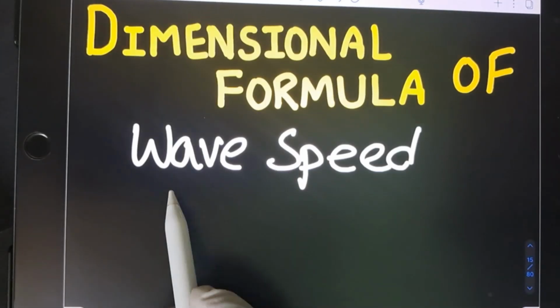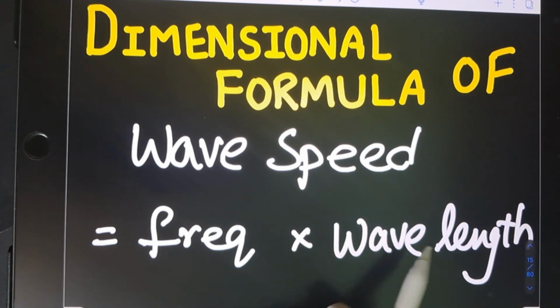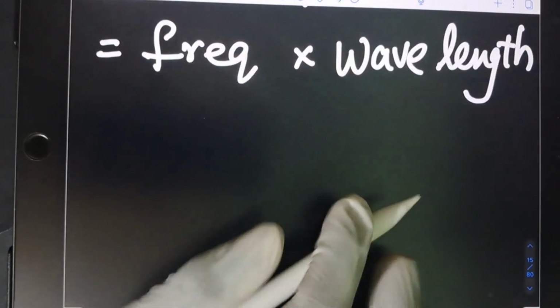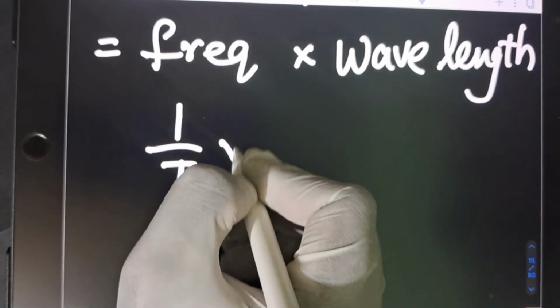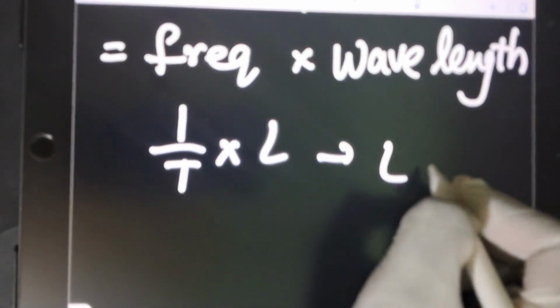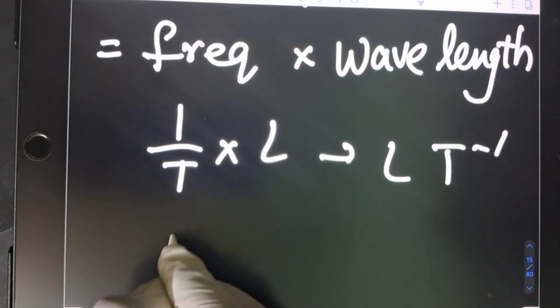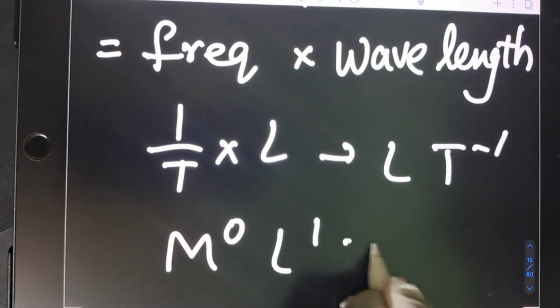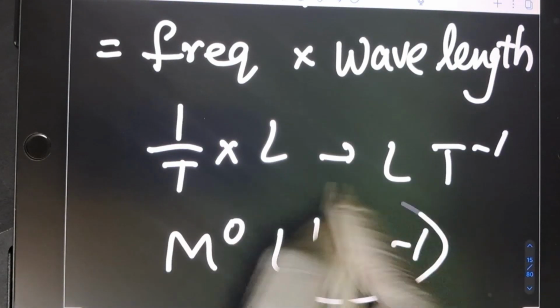To find the dimensional formula of wave speed, the formula is frequency into wavelength. Frequency means 1 by time period, 1 by T, into wavelength L. So on inversion of time T, we get L T power minus 1. M power 0 L power 1 T power minus 1 is the wave speed.